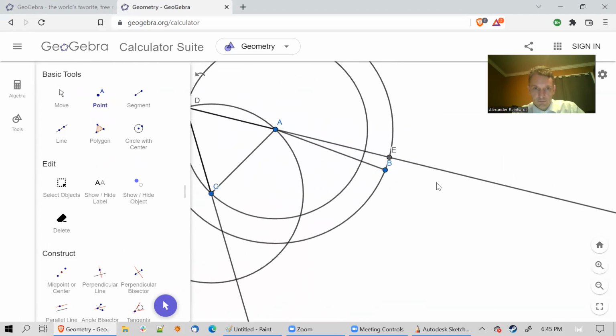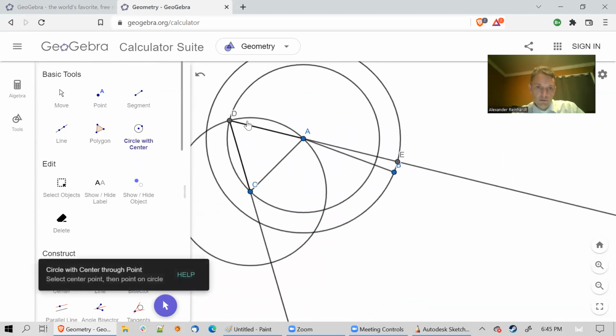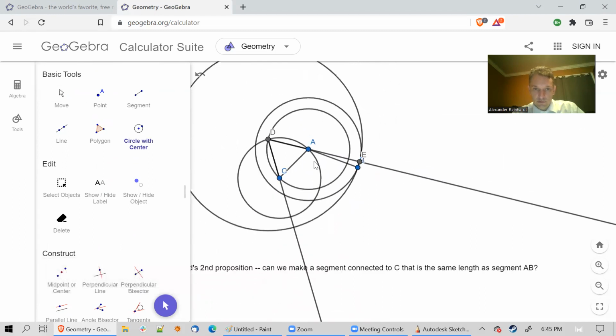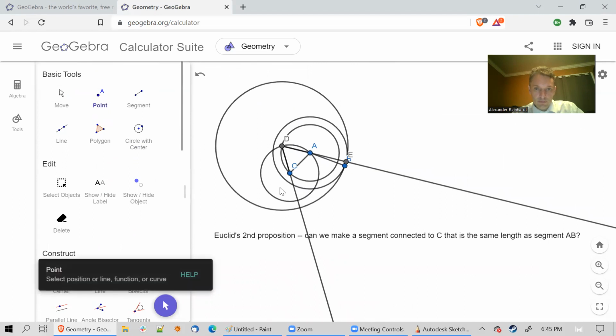And my circle is to go from D through to point E. Okay. And then I add one more point, and then my construction is done.